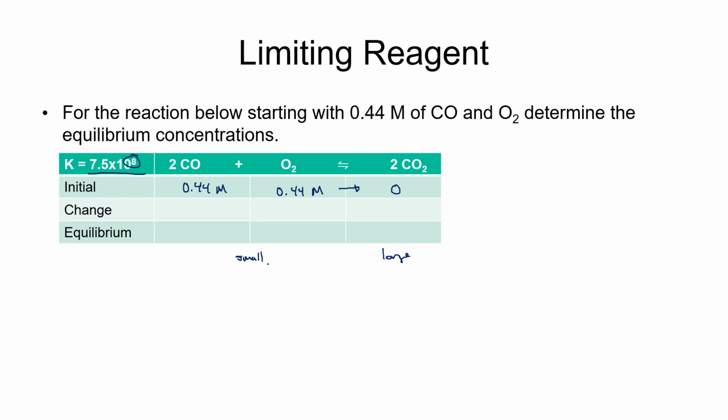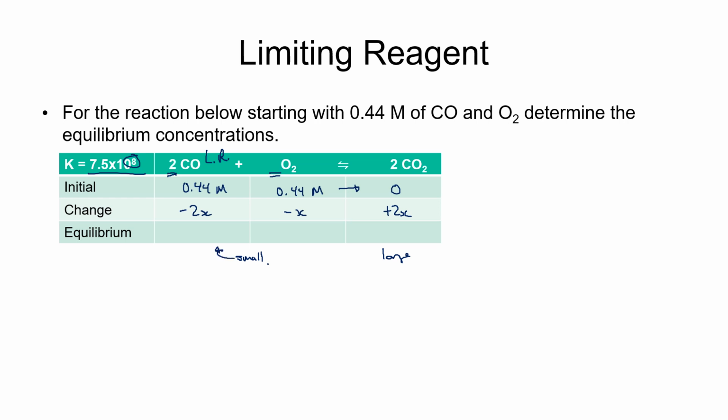However, there are coefficients here that we have to take into account, which means one of these is going to run out first. And since the carbon monoxide is being used up twice as fast as the oxygen, that makes it a limiting reagent, right? So this guy here, minus 2x and minus x and plus 2x, this is the one that's going to be pretty much 0.